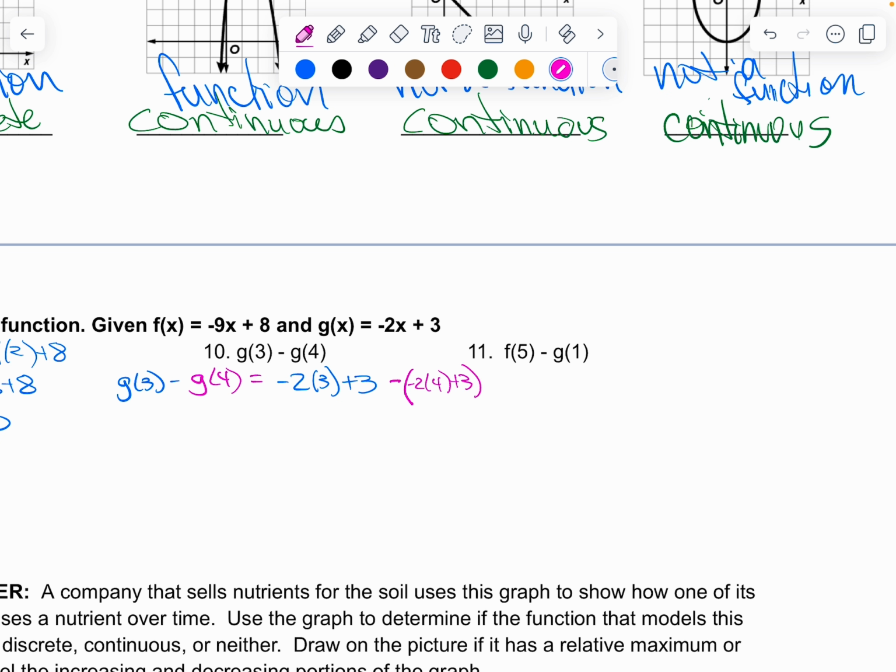Okay. So g of 3 minus g of 4 equals, so this is going to get me negative 6 plus 3, and I'm going to have minus negative 8 plus 3.